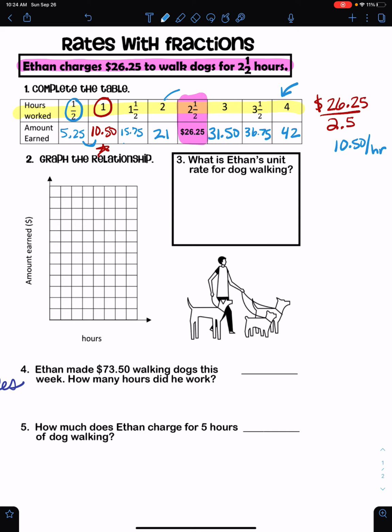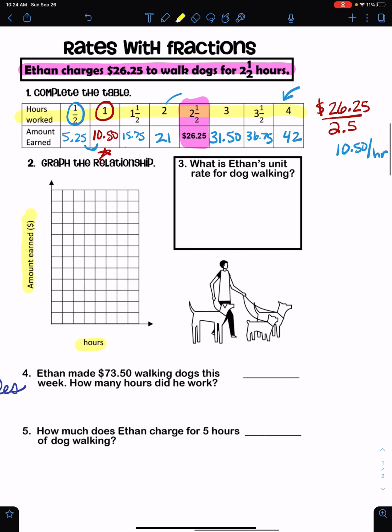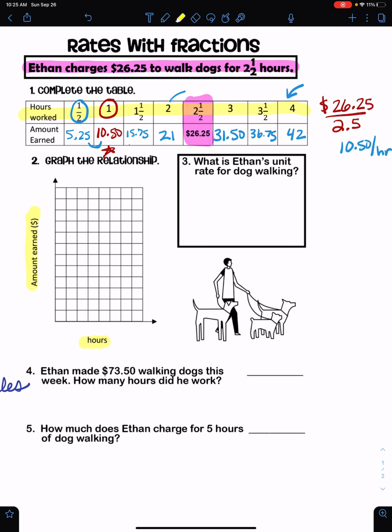Okay, now I'm going to graph it. Here are the hours. Here's the amount earned. And you can see that this time, unlike the example with the decimals, there are no numbers on my graph. In other words, it's not labeled yet. So I need to choose what numbers I'm going to put on my graph to label it. The hours are pretty easy. We'll start at 0, but from a half hour to 4 hours.